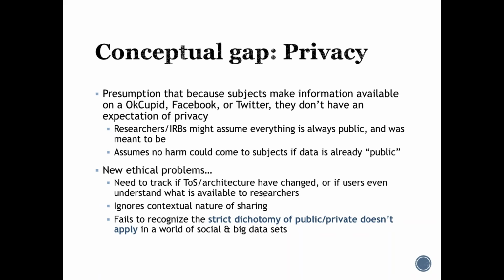We have this new conceptual gap about what does it mean to have private information. There is no longer this strict dichotomy between public versus private. We need to think much more contextually. We need to think about what are users' understandings of the architecture. There's all kinds of interesting questions about, I posted something on Facebook 5 years ago when I was able to restrict the visibility of that piece of data.